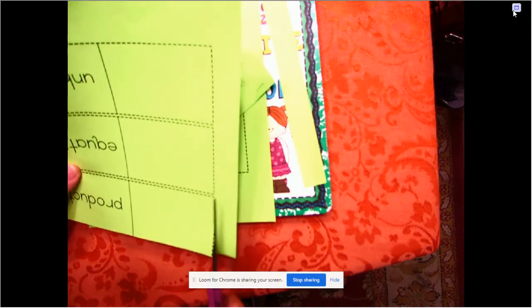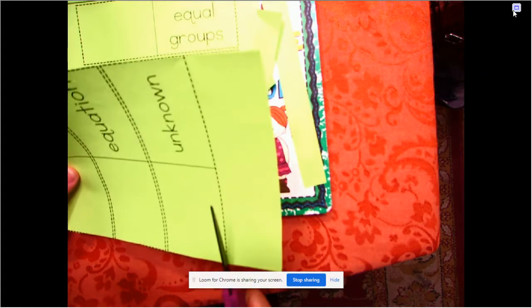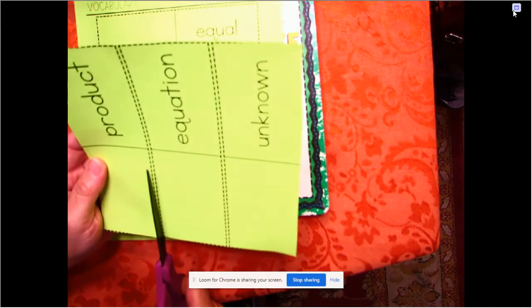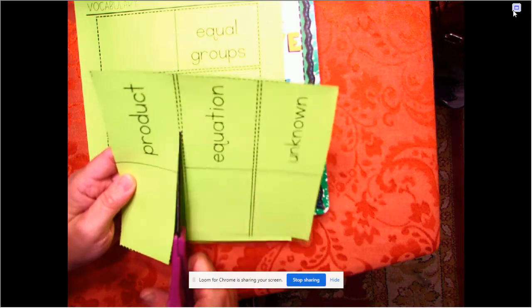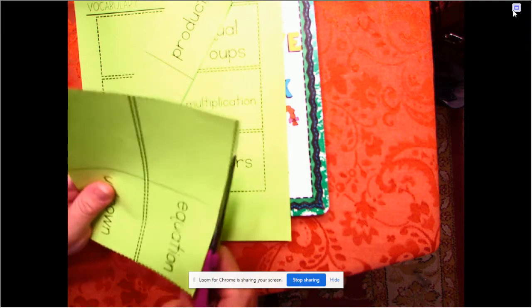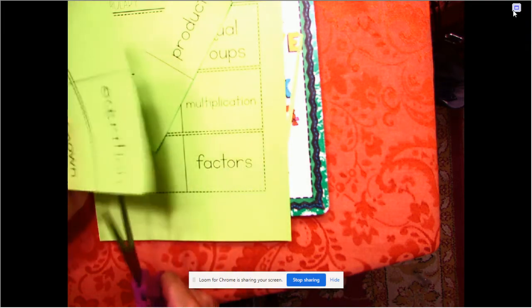And cut along this line here, and this line here. Okay, so then get your paper out of the way, the garbage out of the way. And then now you're going to cut all the way across, and all the way across.